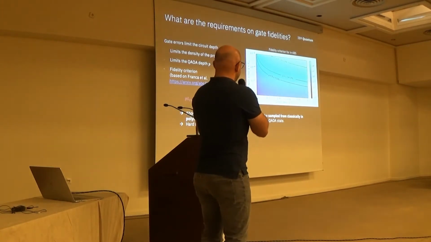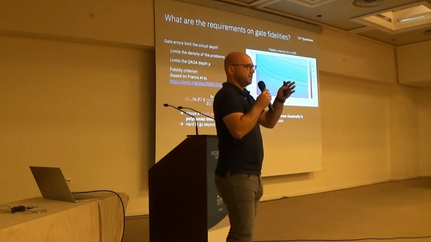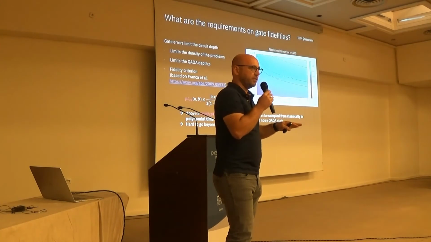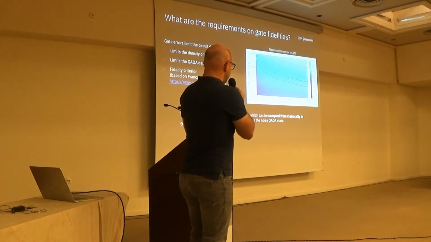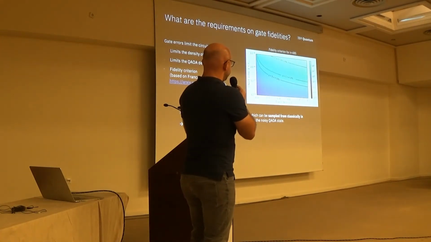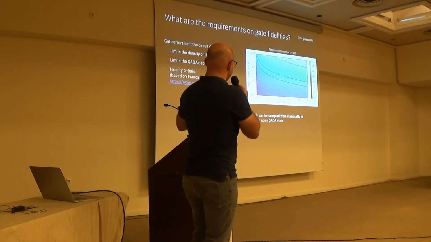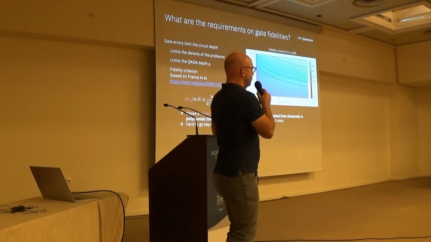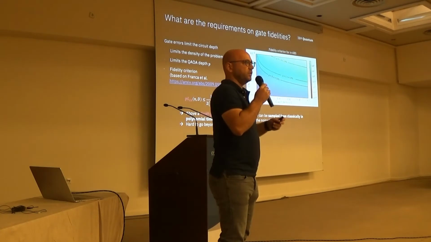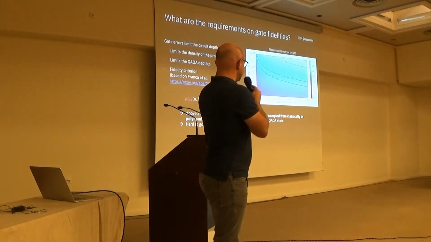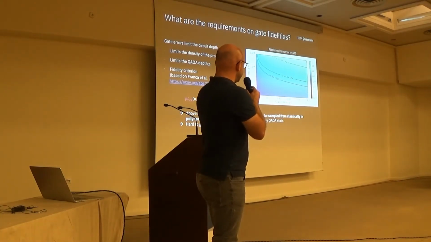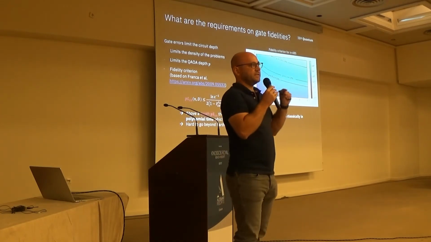It means if you want to get the energy, the objective that you minimize during this variational algorithm, epsilon accurately, and this is your gate fidelity, then that's the maximum number of gates that you can run, because otherwise, if you go beyond, you can classically sample from a Gibbs state that gets close enough.